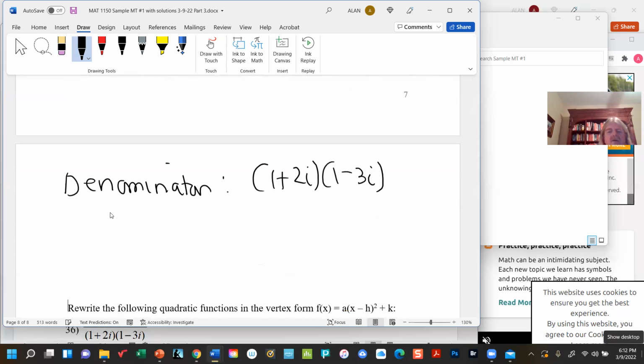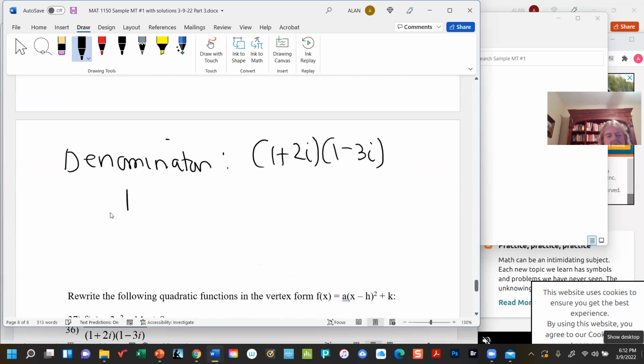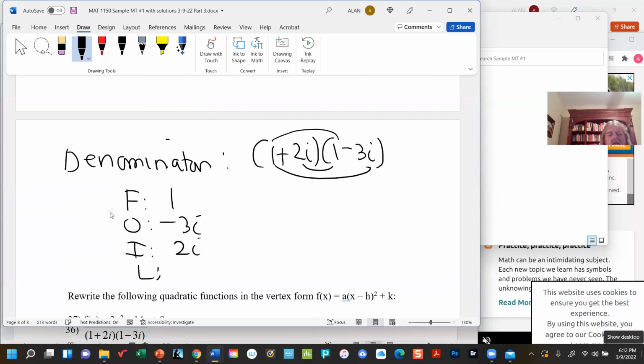All right, we'll apply FOIL here. 1, minus 3i, 2i, and negative 6i squared.